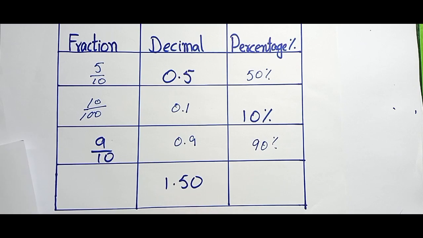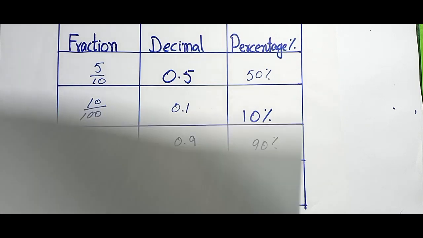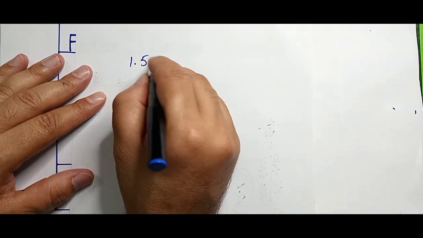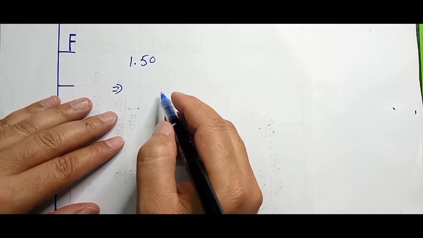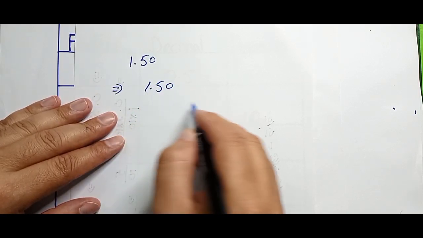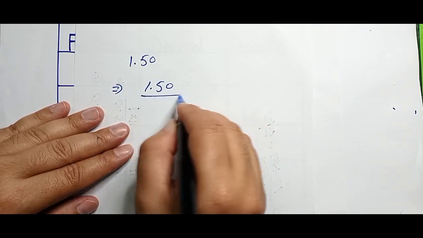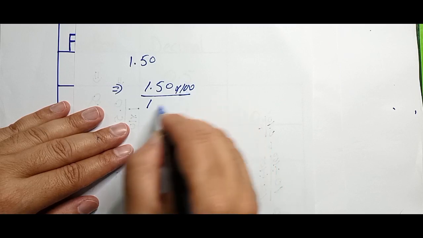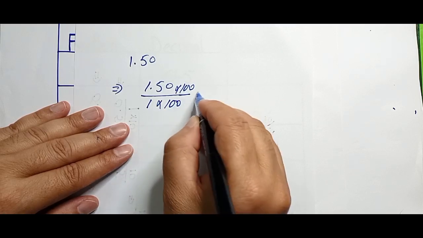Now 1.05, how will you convert it into fraction and into percentage? First of all, I have to remove the decimal point from here. For that reason, I will multiply it with 100 and also the denominator with 100.